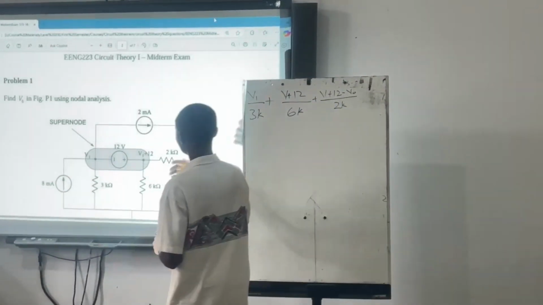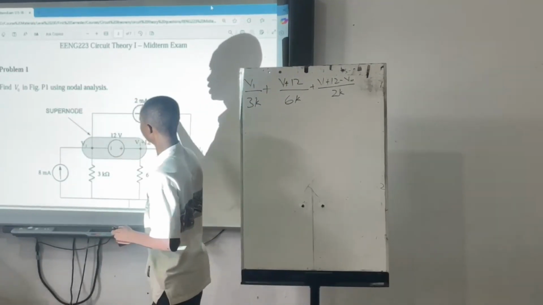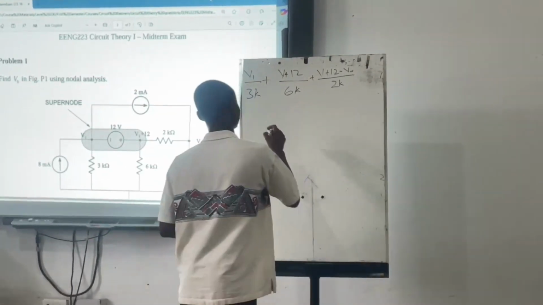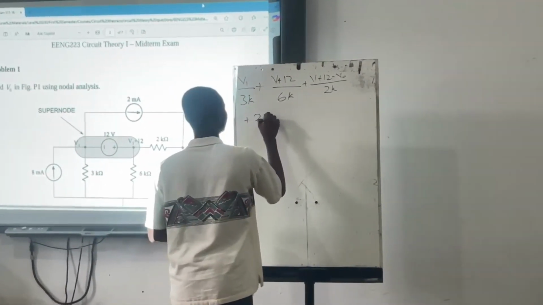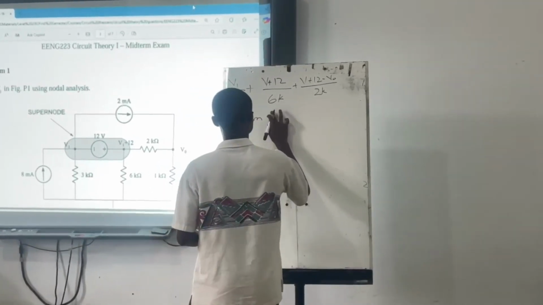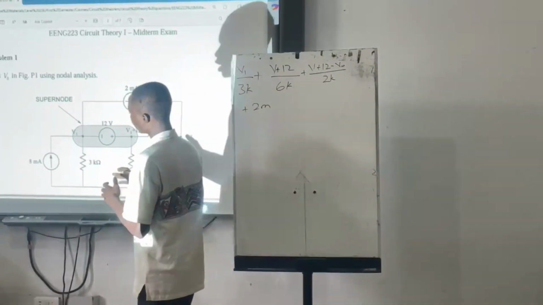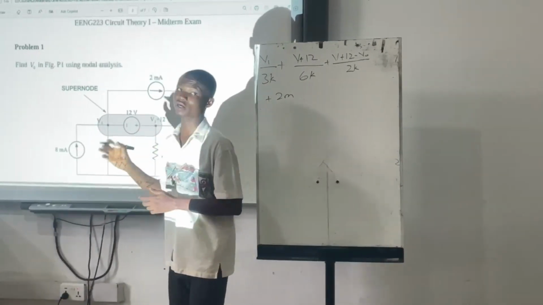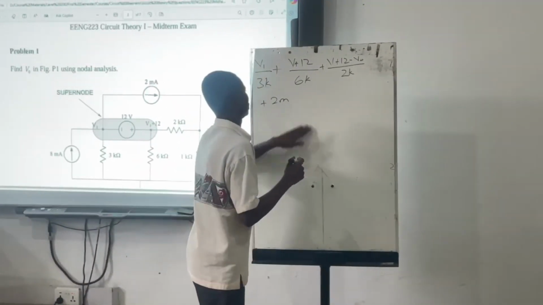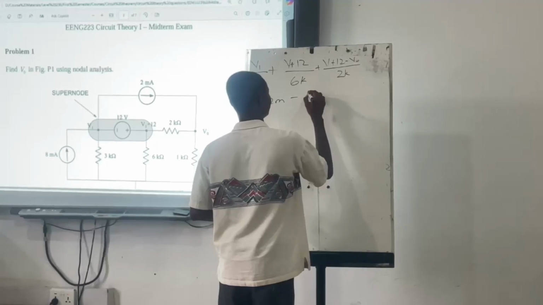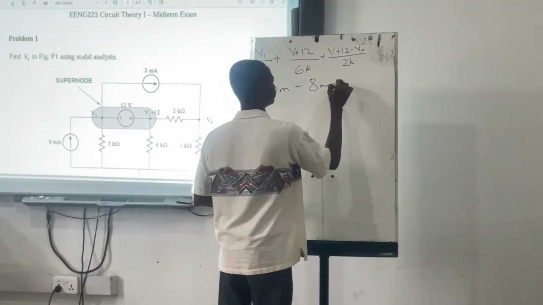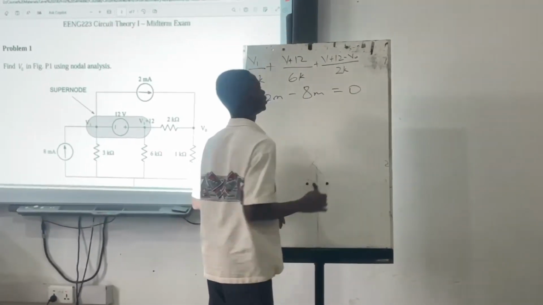Now we have another current leaving here, which is 2 milliamps, so plus 2 milliamps. And there's one current which is entering, so because it's entering, we have negative 8 milliamps, and that will give us 0.